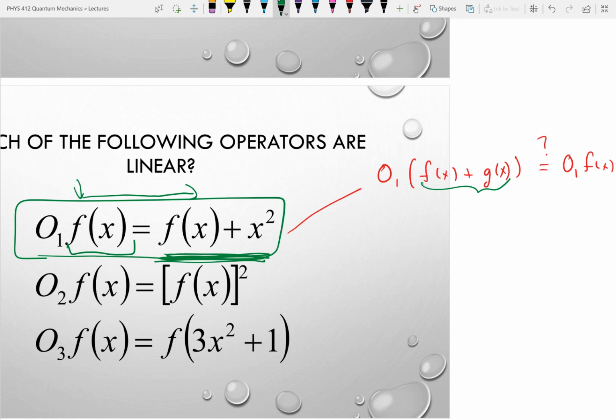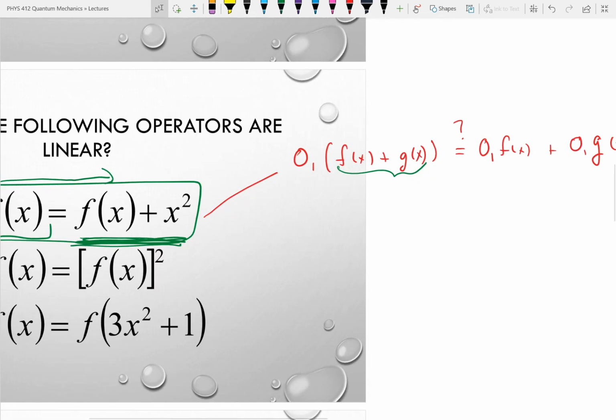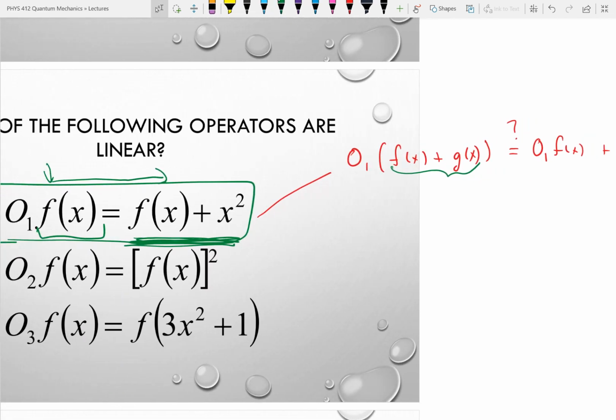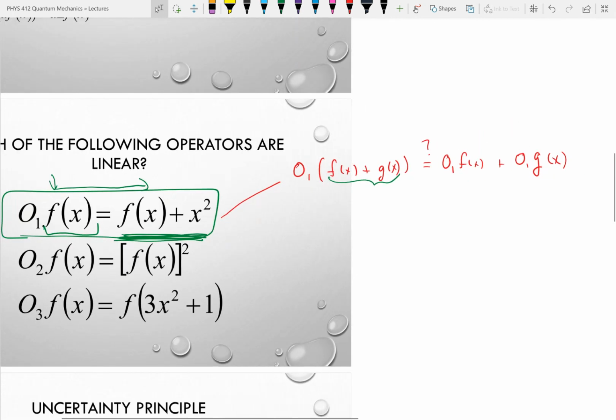And so what would I have on the right-hand side if I have operator 1 on, instead of just f of x plus g of x? Oh, well, you'll have operator 1 times f of x plus operator 1 times g of x. Still not what I'm looking for. I'll show you, because that's why we do these problems, so you understand what the actual test is. So applying what I have in the green box, just let me zoom out a little.